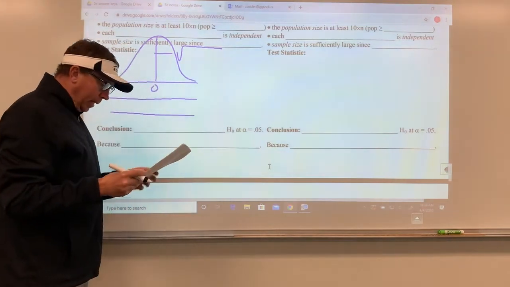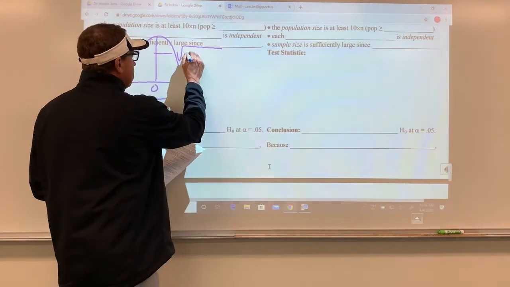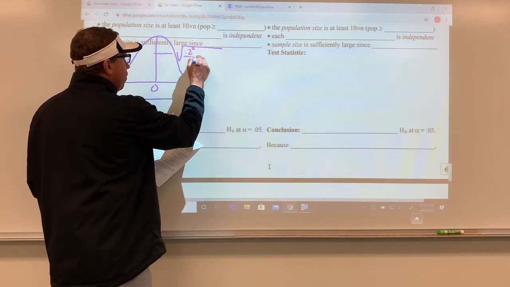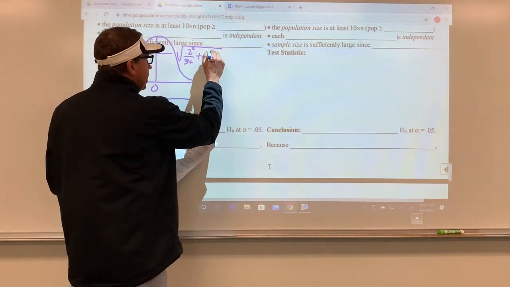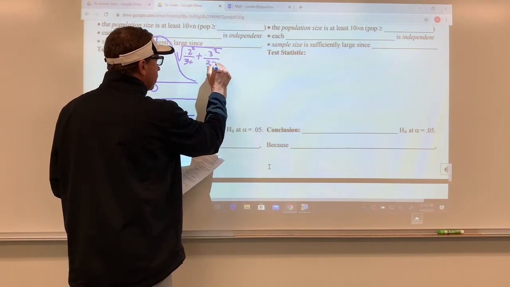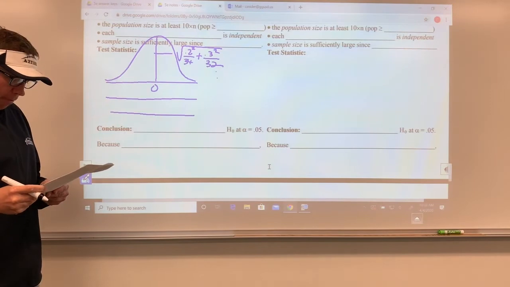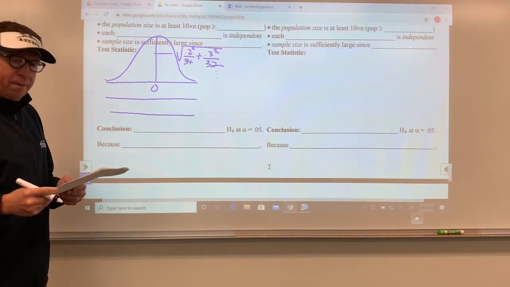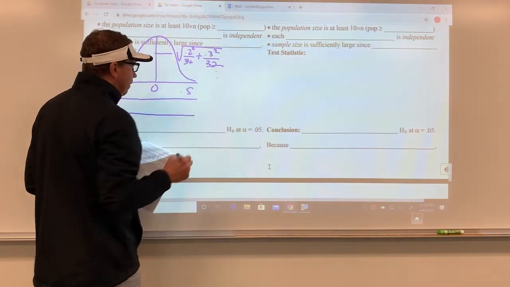You're not going to calculate it, you're just going to draw it up. And that's going to be 0.2 squared over 34 plus 0.3 squared over 32, okay? Great. And you're going to leave it. And now the typical difference was, I believe, 0.5. There is a little bit of a difference there.